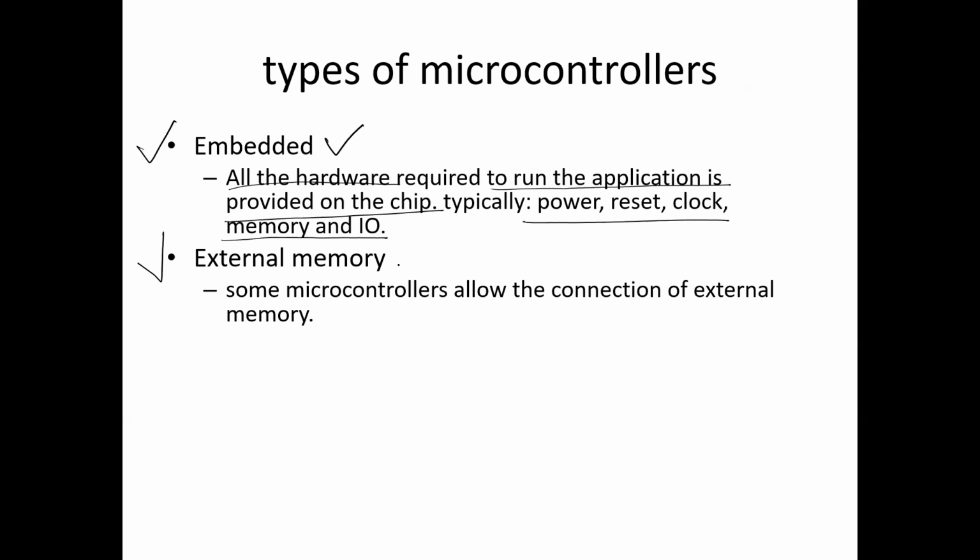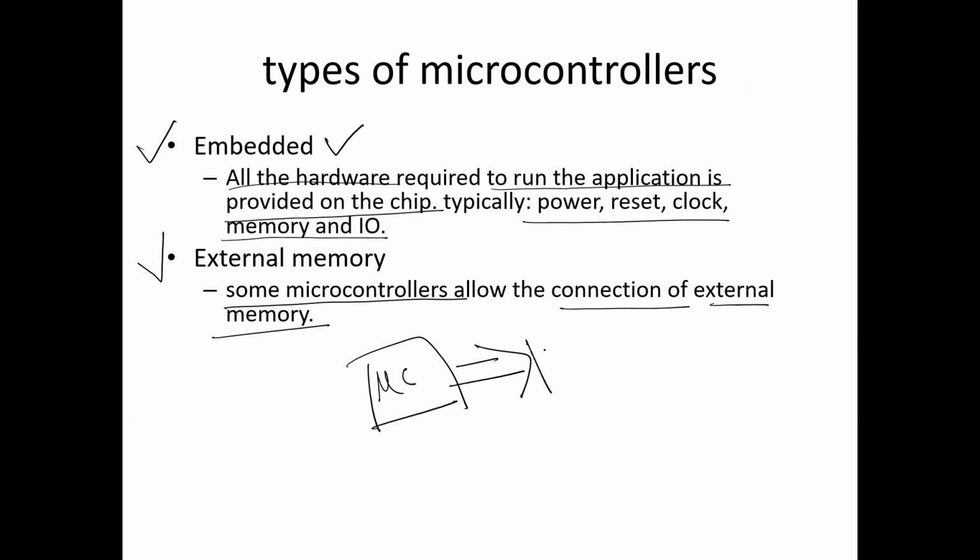So what is the external memory microcontroller? Some microcontrollers allow connections of external memory. That means, suppose this is a microcontroller, if I am able to connect some memory to it, then it is called the external memory microcontroller.